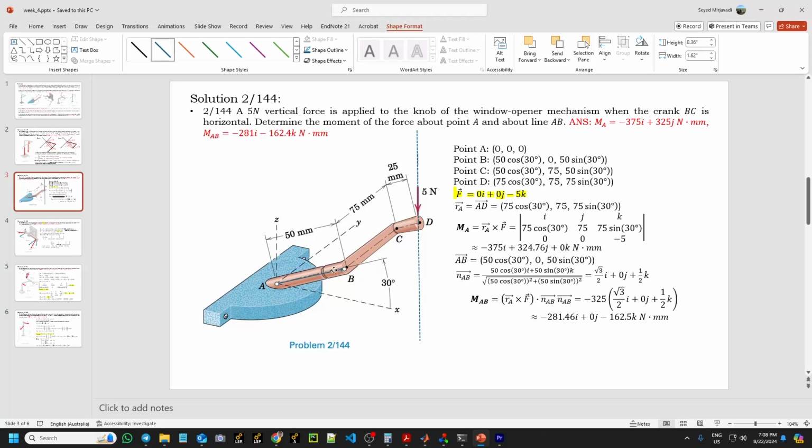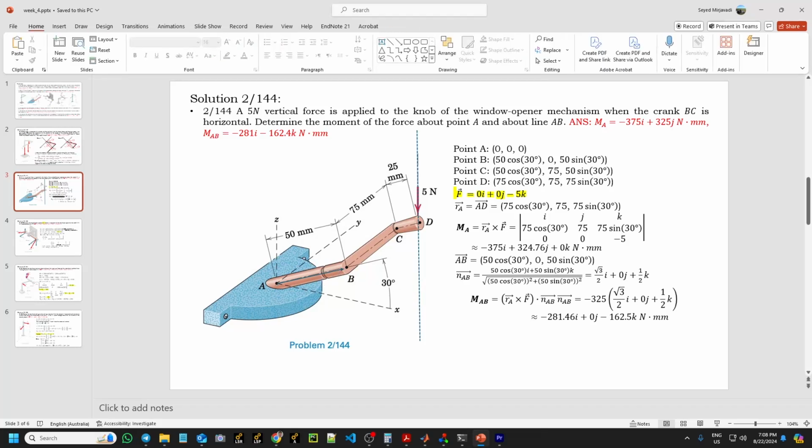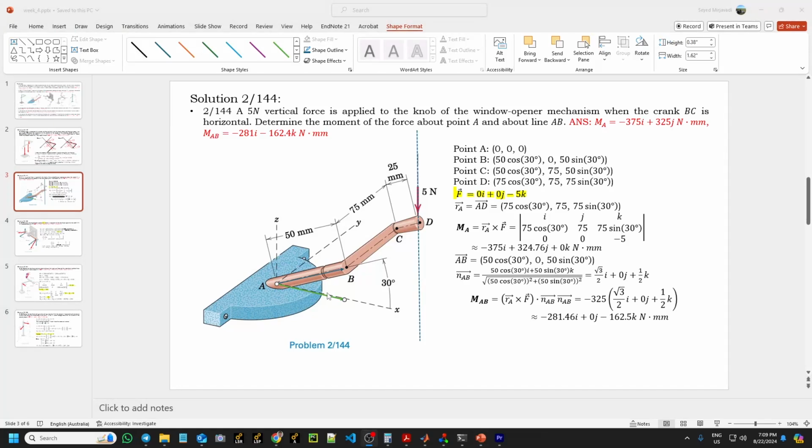50 cos 30 will be this length. And what about this vertical part? This angle is 30, so it will be 50 sine 30.